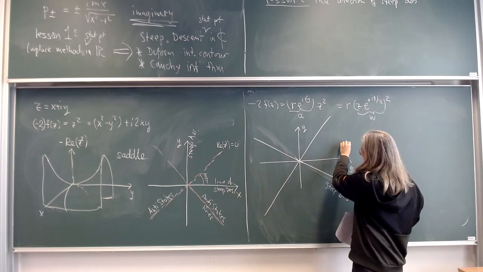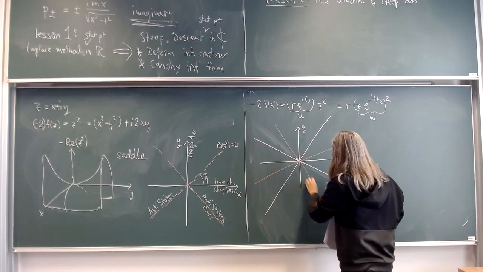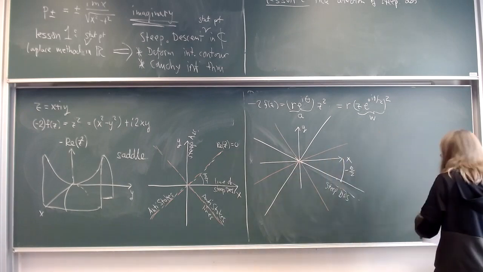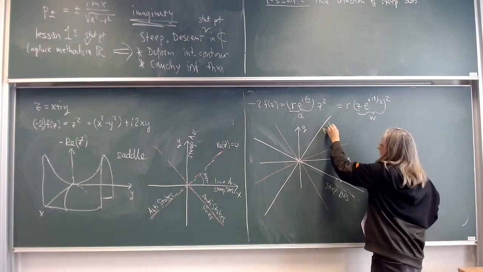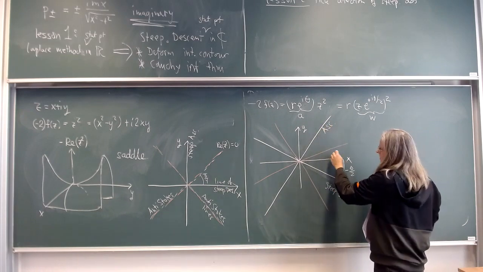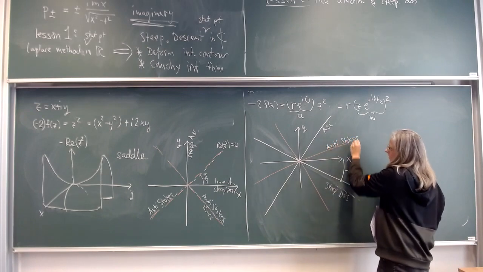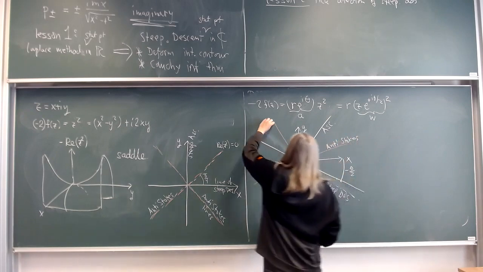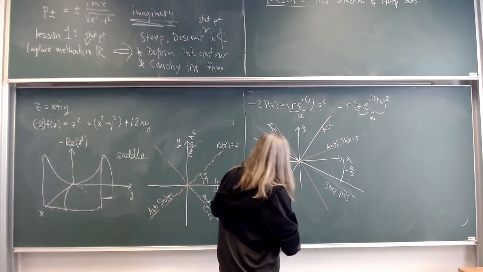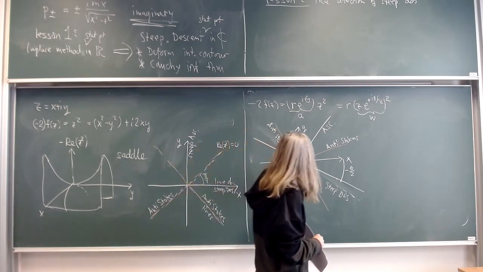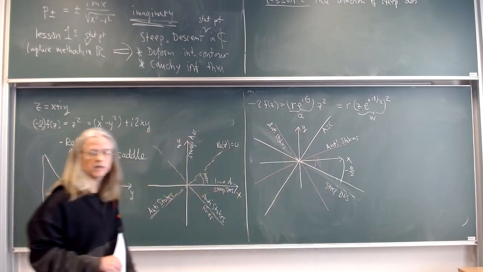So it will be something like this, maybe. And here, like that. So we have the steepest ascent here. And then we have anti-Stokes lines here and here. Is it clear? There's a high quarter here, something like that.